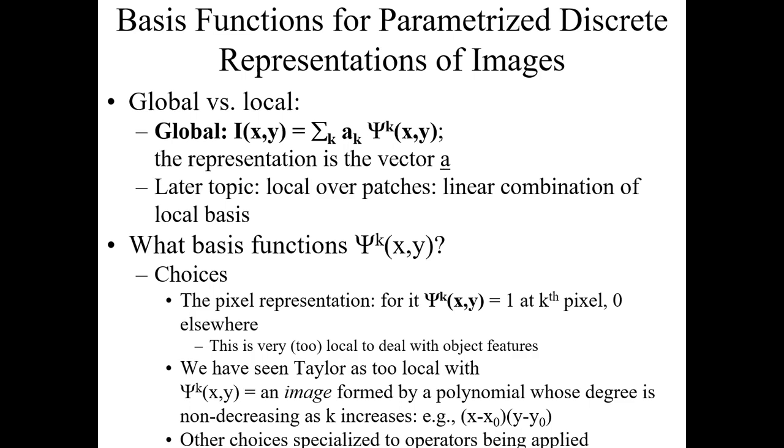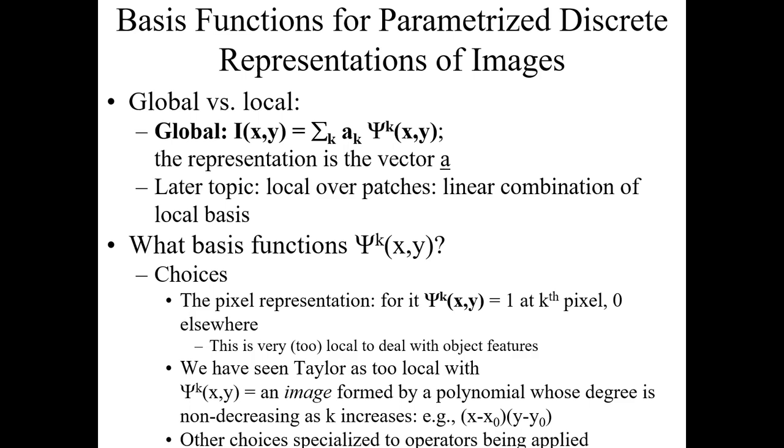But we may want to divide the image, as a 2D image, into 4 by 4 subimages. So we divide the image space into 16ths, and we'll get 16 sets of basis images, 1 for each patch.